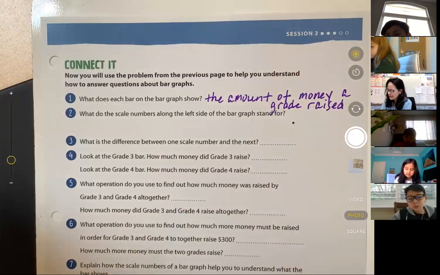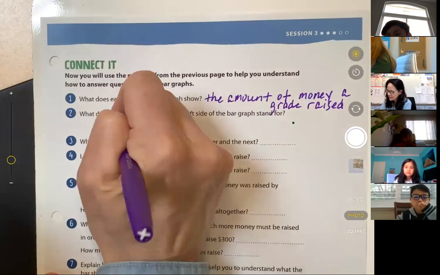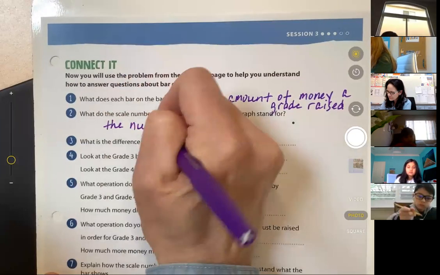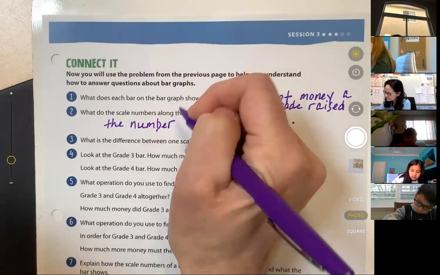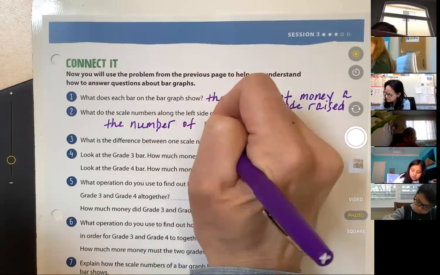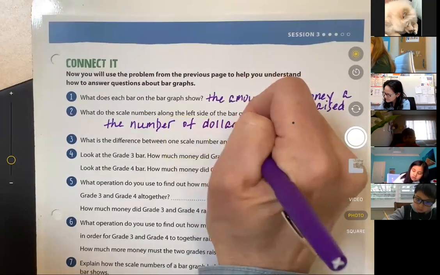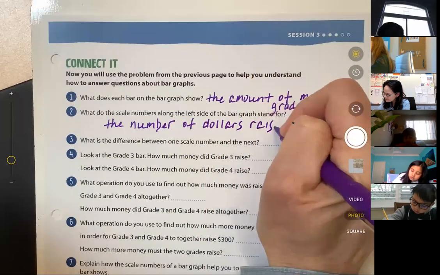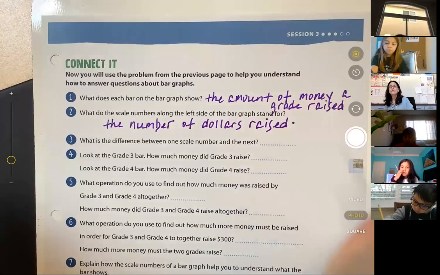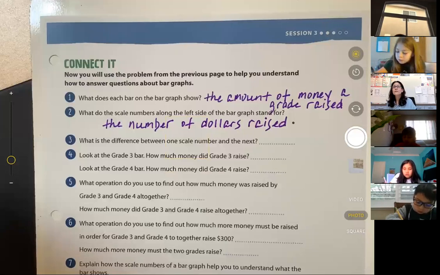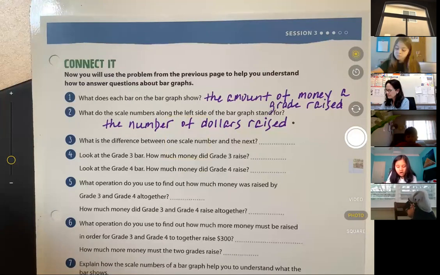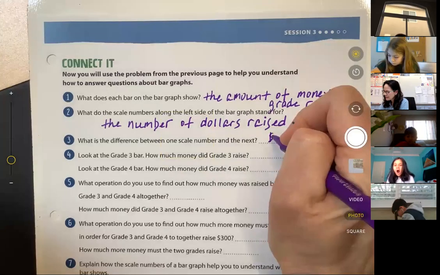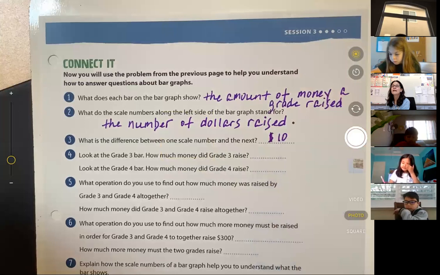And that is the number of dollars raised. The number of dollars raised. Question 3 is asking, what is the difference between one scale number and the next? What is the difference between the scale numbers? Again, remember we talked about it being $10, increments of 10.